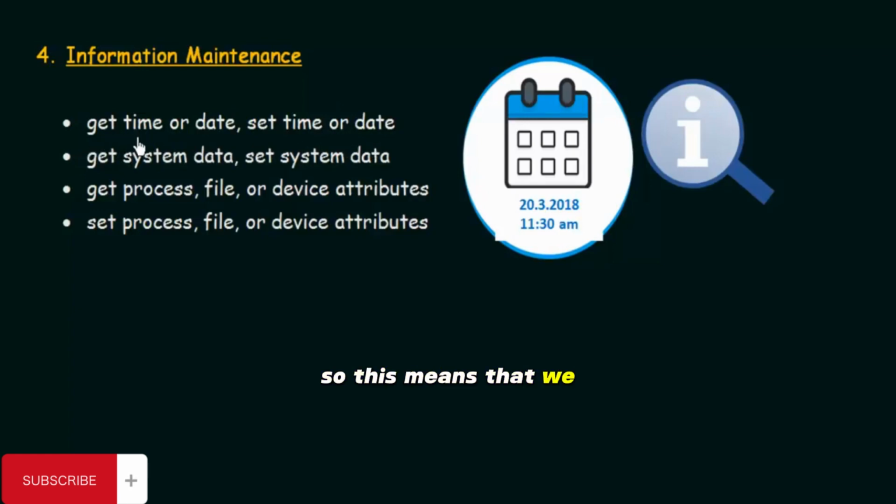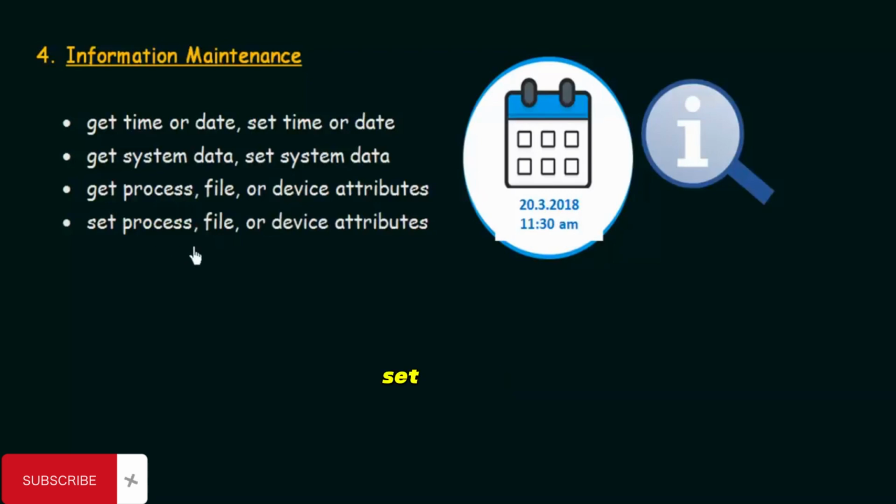This means that we get the time or date and then we set the time or the date. Then we have get system data and set system data. Similarly to the time and date, we can get and set the system data. Then we have get process, file, or device attributes, so we can get the attributes of the processes, files, or devices.